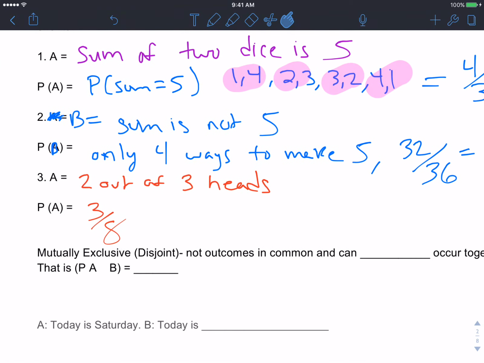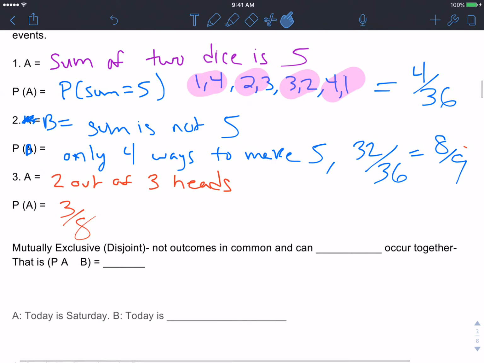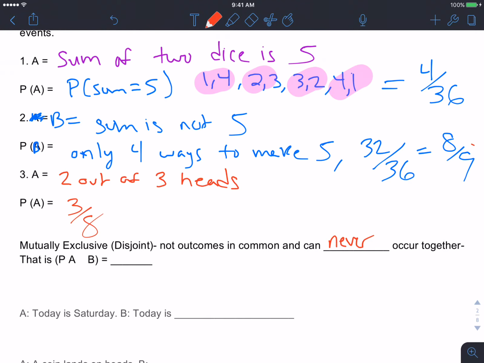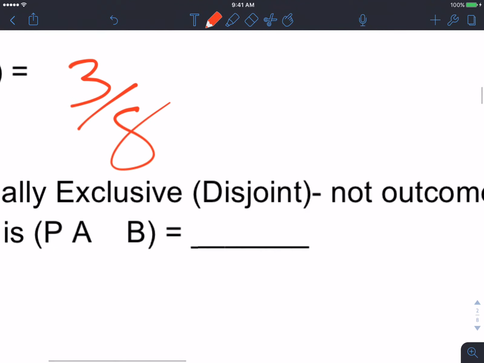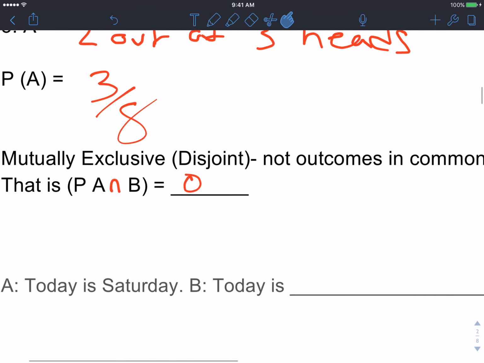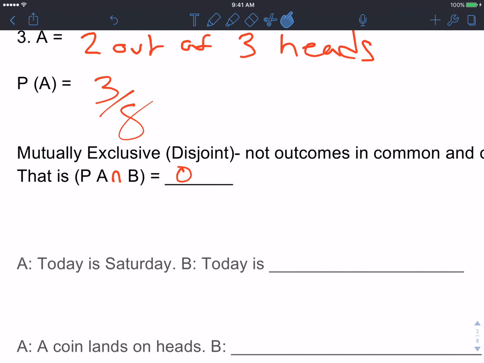Mutually exclusive, also known as disjoint, means they have no outcomes in common, and they can never occur together. That is, P of A and B equals 0. A good example is if I say the probability of A is today is Saturday, and the probability of B is today is Tuesday.